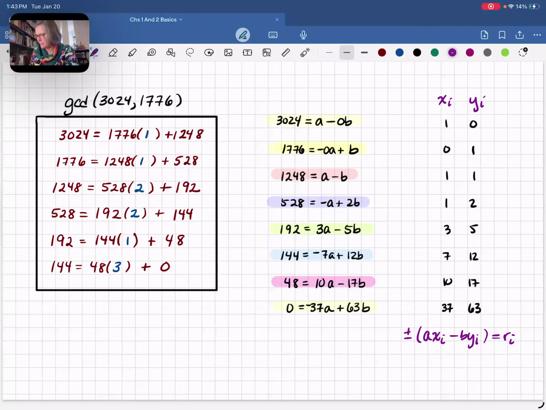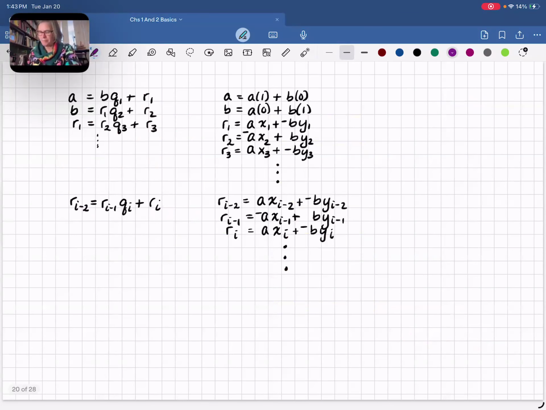I'm going to be a little sloppy with those. So the way I have it written here, R1 is ax1 minus by1. And then R2 is negative ax2 plus by2. R3 is ax3 minus by3. So I'm flipping the minus sign back and forth.